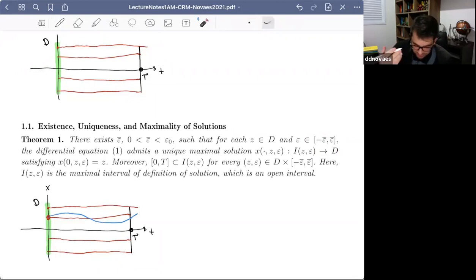We have the solution of the perturbed system defined for times bigger than T, because [0, T] is a closed interval inside an open set.